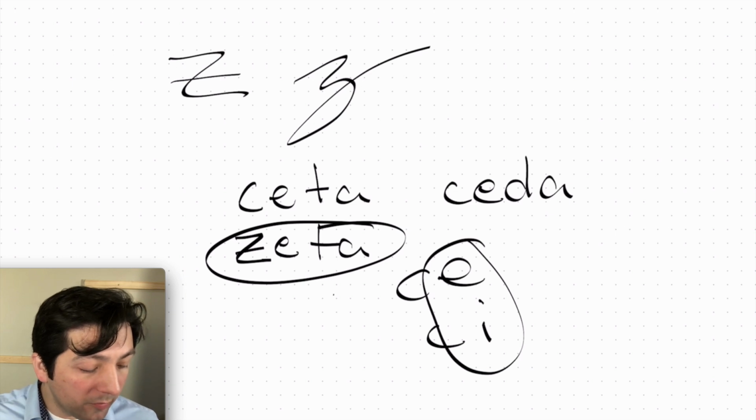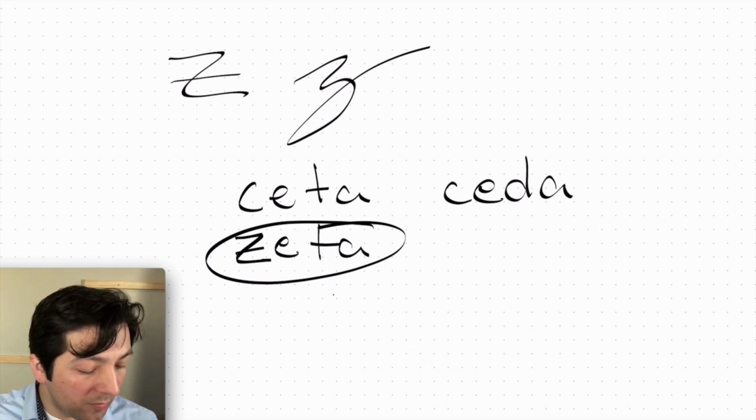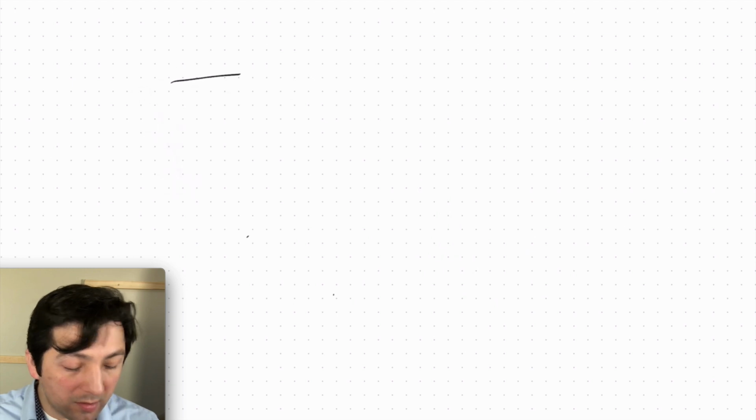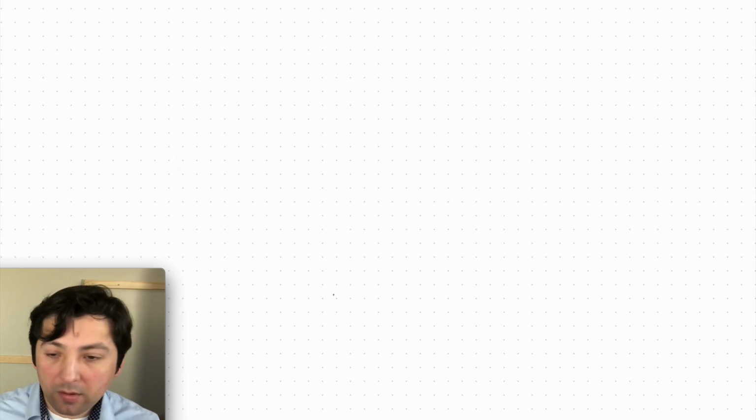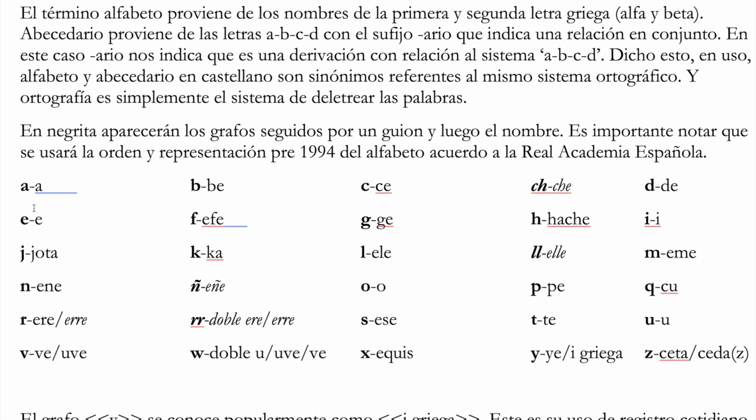For now, this is all for the alphabet. So again, referencing my book, La lengua y sus secretos, you can stop and look at the spelling for the different names.